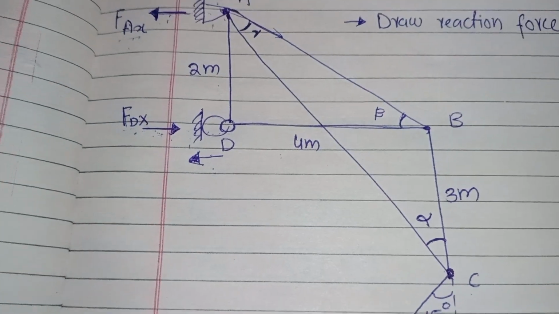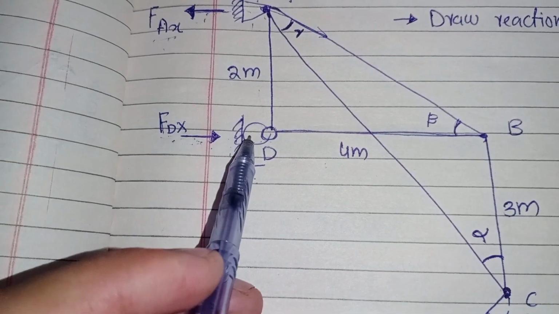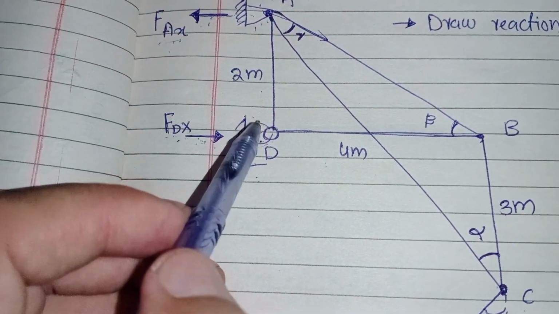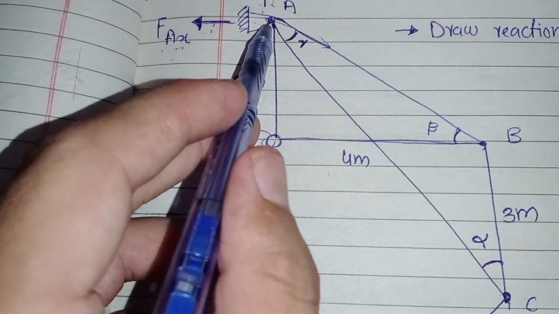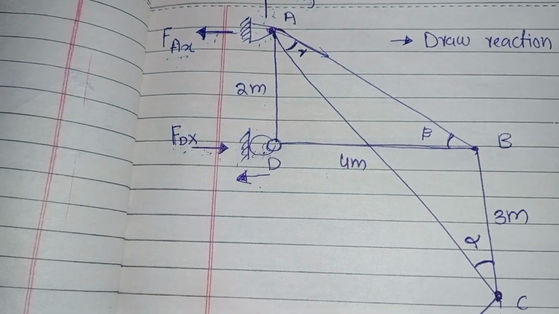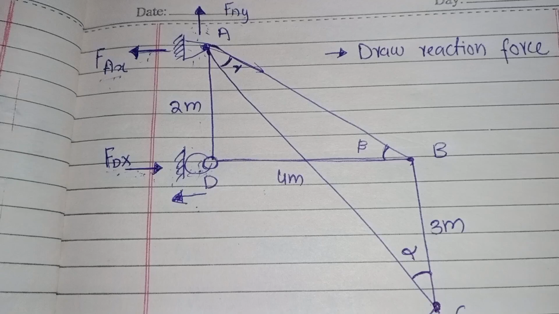First of all, you have to draw the free body diagram, and you have to not show this and this at the place of these supports. You have to only show them by points, and the forces and load you have to show only by lines.